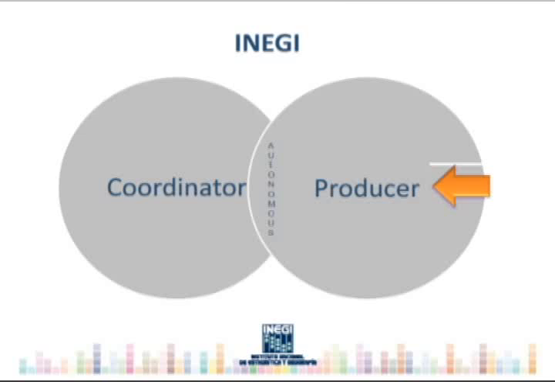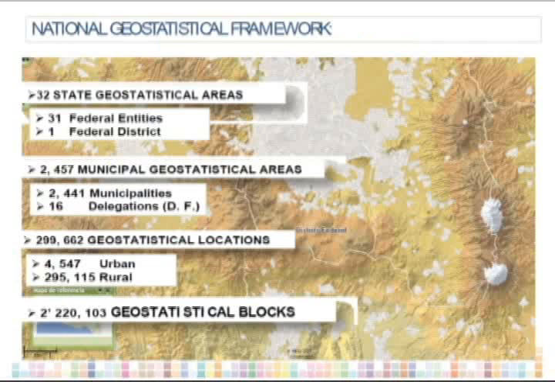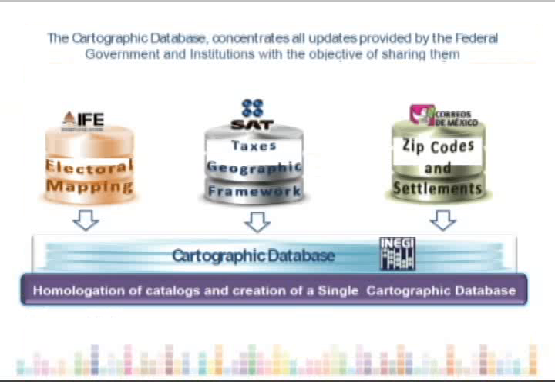As a producer, INEGI has our national geostatistical framework and our topographic map of Mexico. This national geostatistical framework is integrated by all the states, the 32 federal entities, all the municipalities, and all the geostatistical urban and rural locations, and 2,200,000 geostatistical blocks.